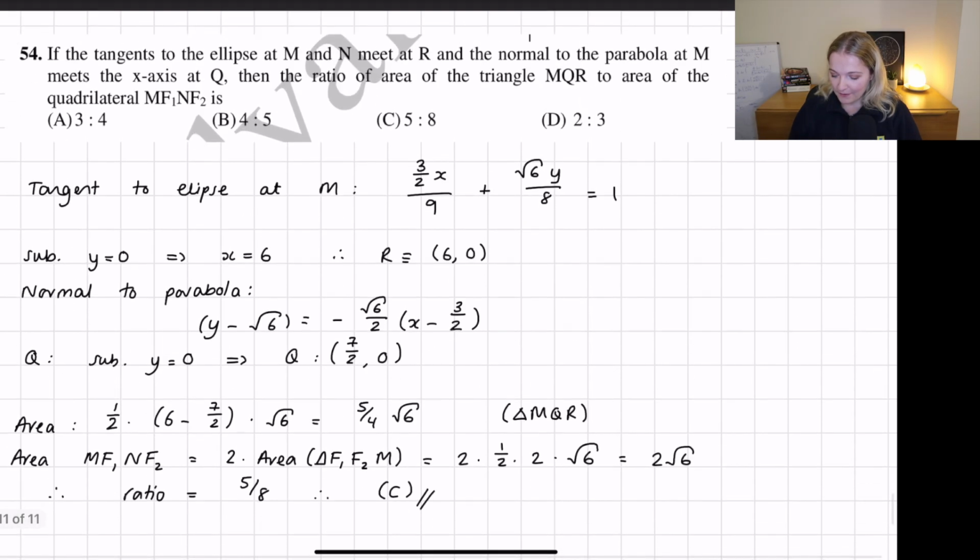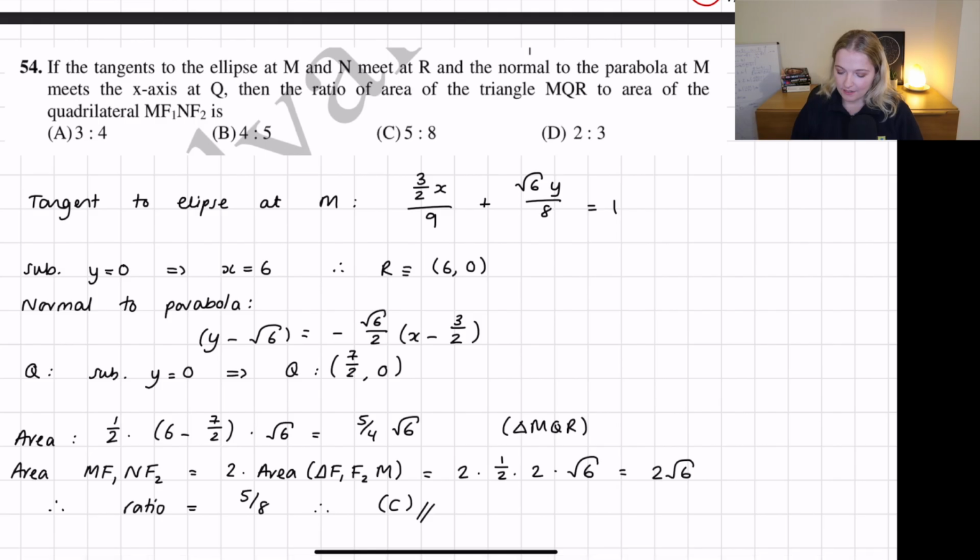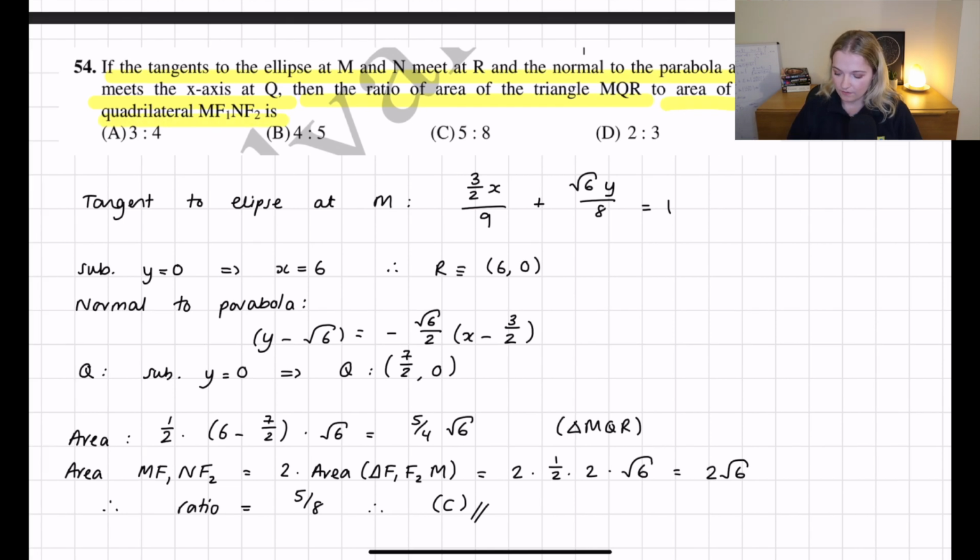The very final part of the question says, if the tangents to the ellipse at M and N meet at R, and the normal to the parabola at M meets the x-axis at Q, then the ratio of the area of the triangle MQR to the area of quadrilateral MF1NF2 is given by one of these.